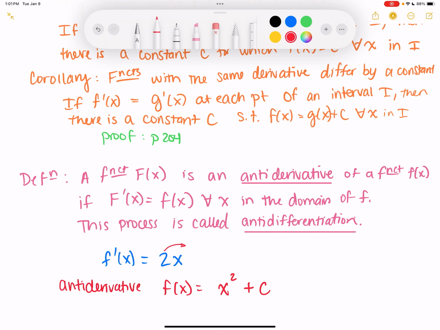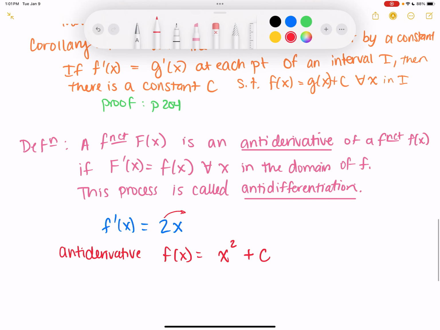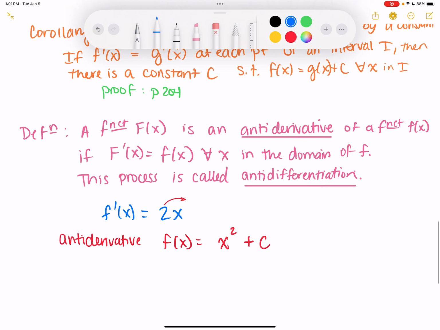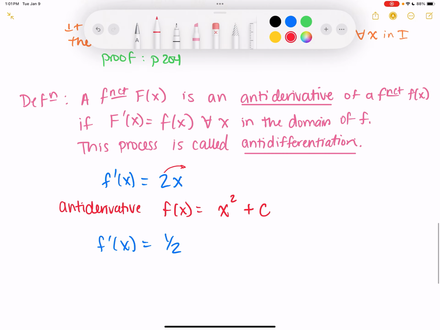Trying to think of another example just so you can be familiar with it. If they started you with the derivative, they said f prime of x is equal to 1/2, we want to figure out what the original function f of x was.